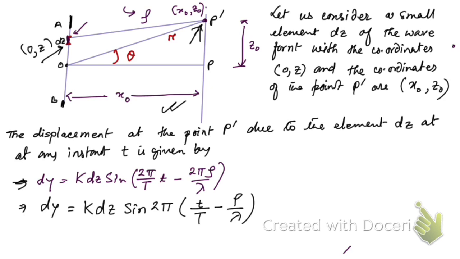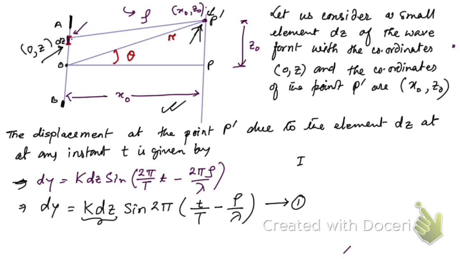Now let us take this as equation number 1. Now you must be confused about this term I have written. This is nothing but the resultant amplitude at this point P dash due to the superposition of waves coming out from this dz component, right?